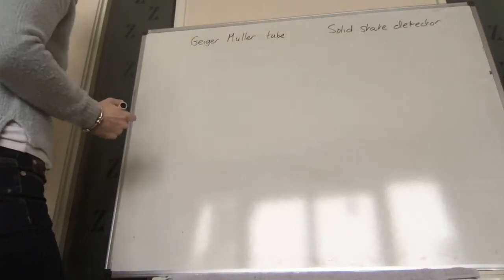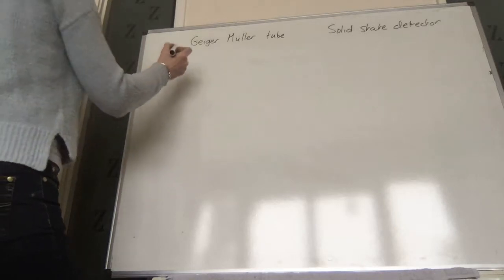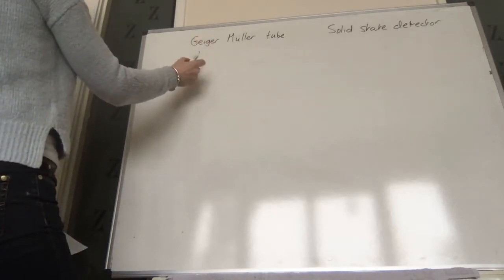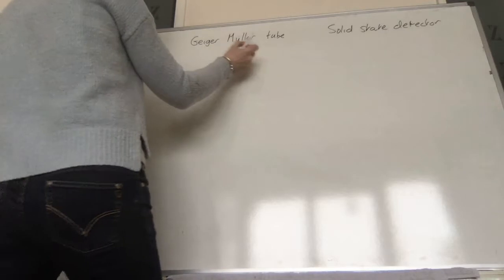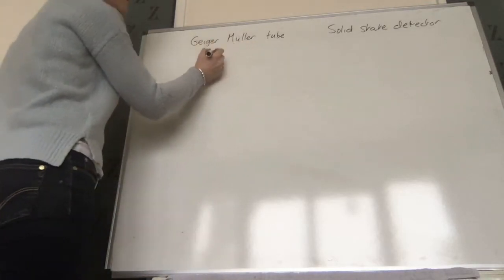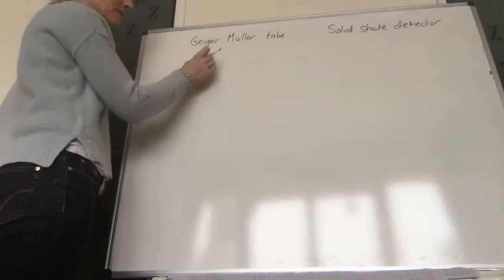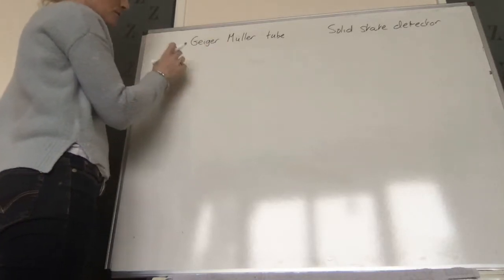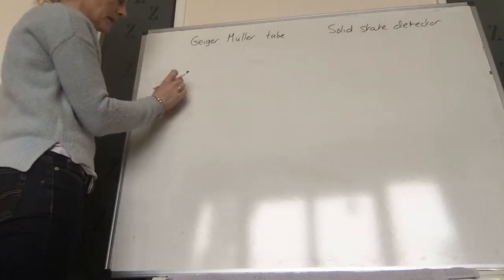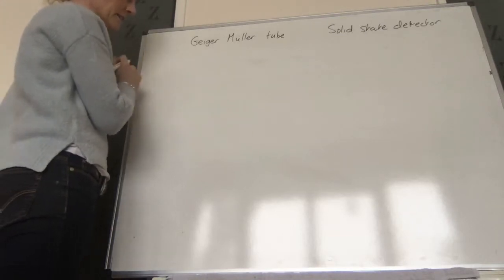tube. Basically the Geiger-Müller tube detects the presence of radioactivity because it detects the ionization that the radioactivity causes. Remember, alpha, beta and gamma can all ionize atoms.